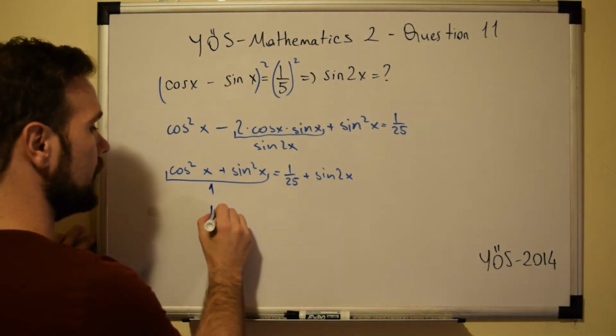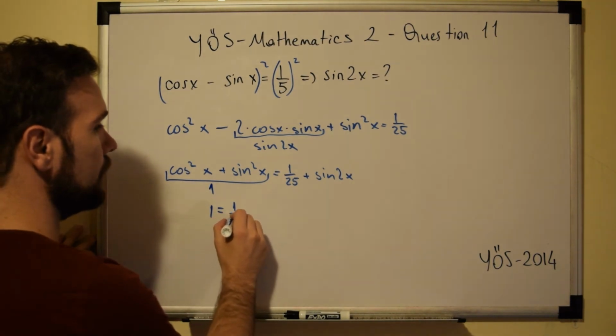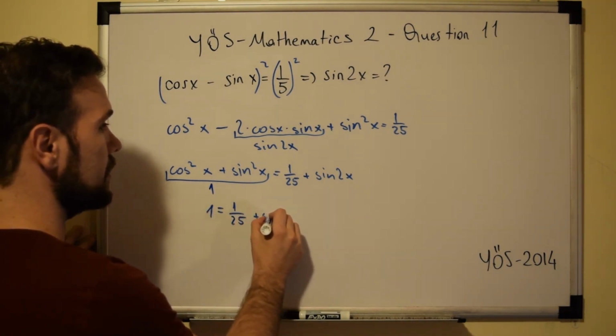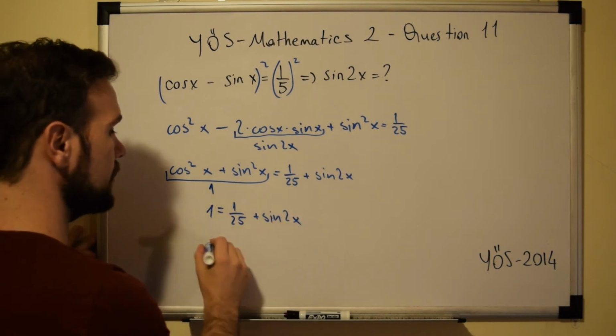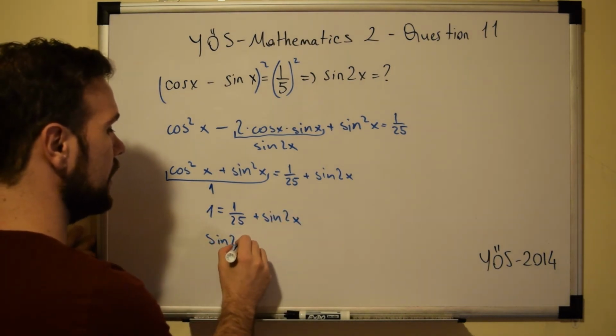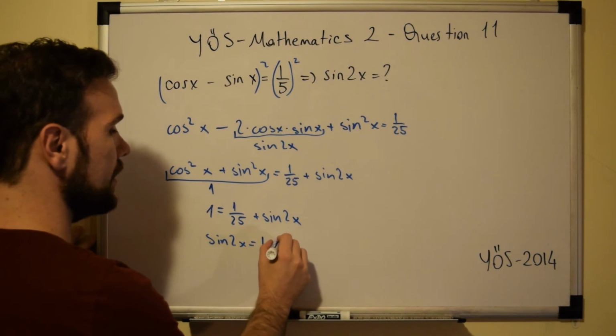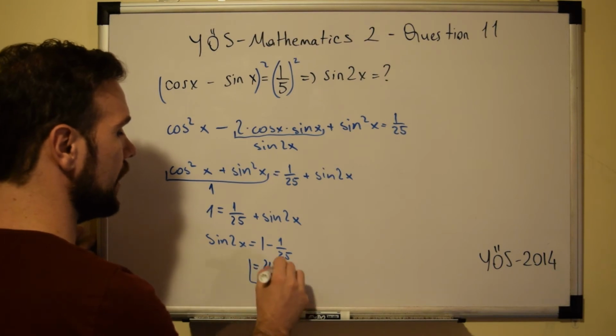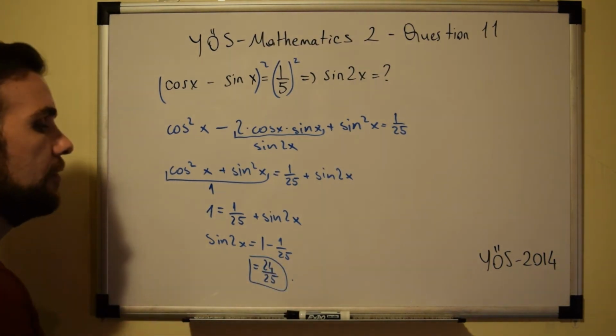So now everything is simplified. We have 1 equal to 1 over 25 plus sine of 2x. So sine of 2x is equal to 1 minus 1 over 25, which is equal to 24 over 25. And this is the right answer for this question.